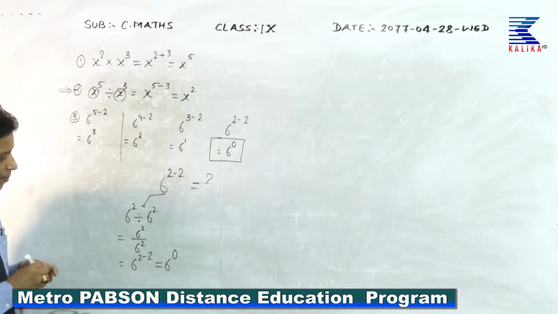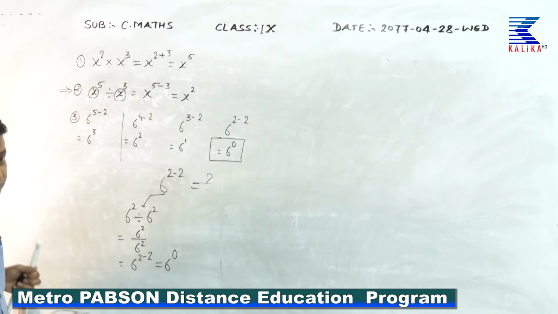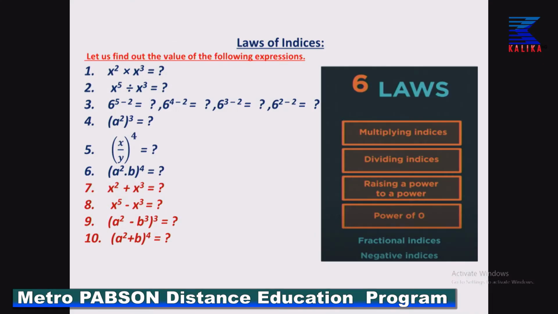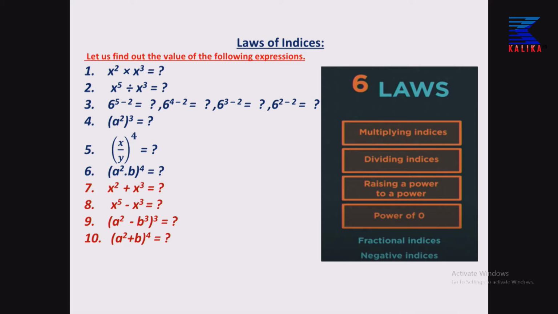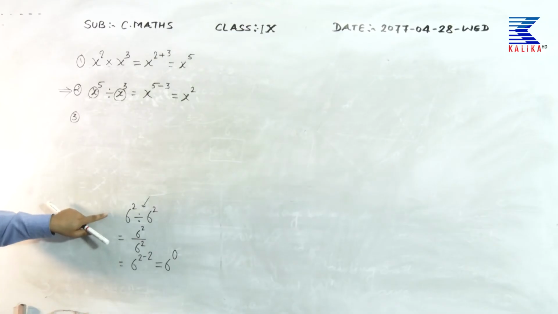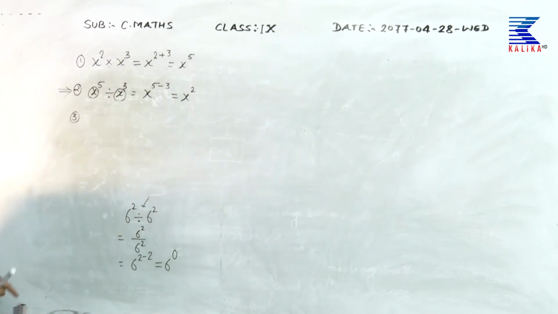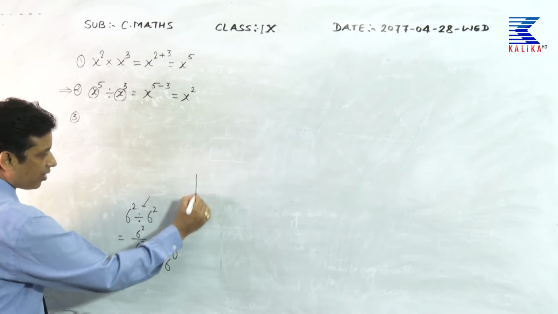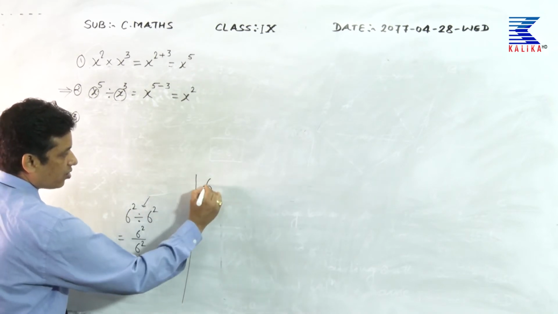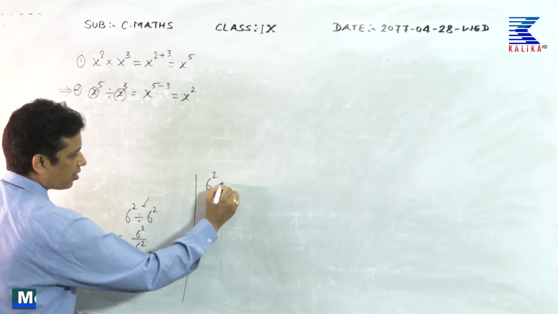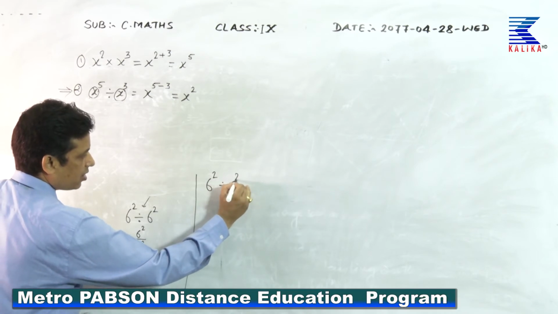So, if we simplify this one, we get 6 to the power 0. Same thing, let me do it again. 6 square divided by 6 square.